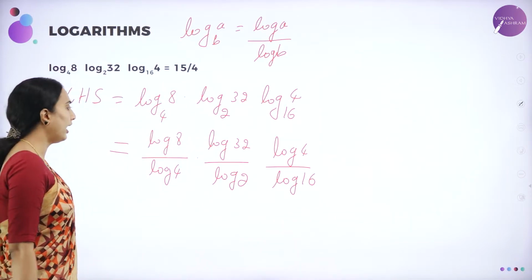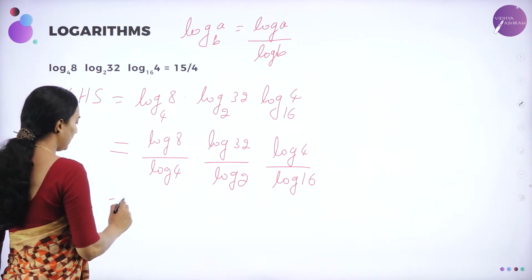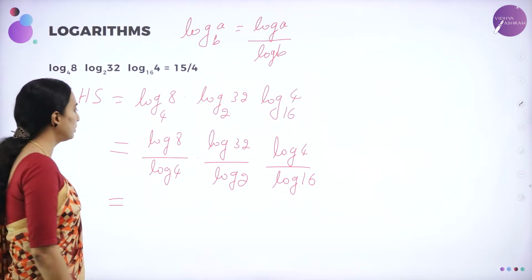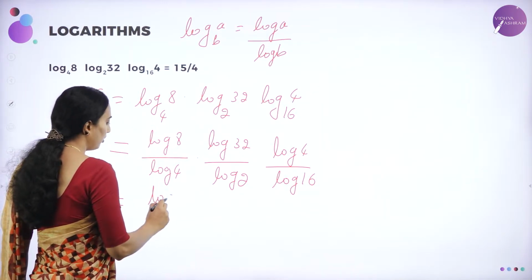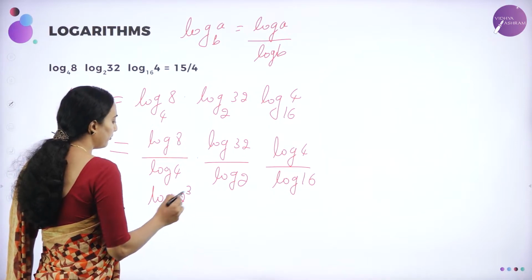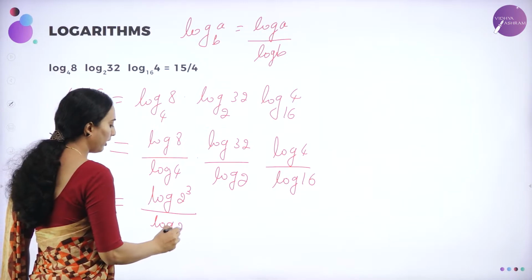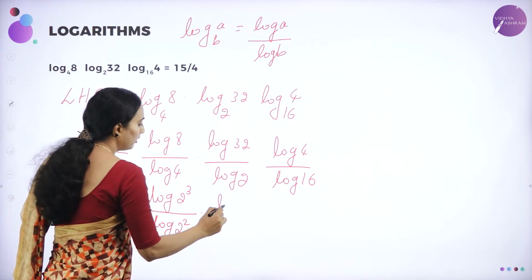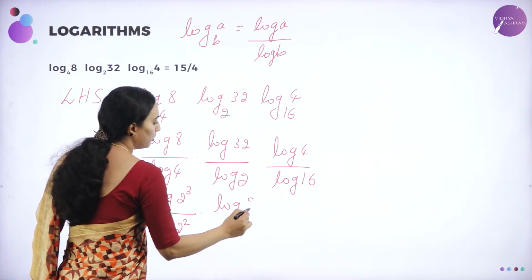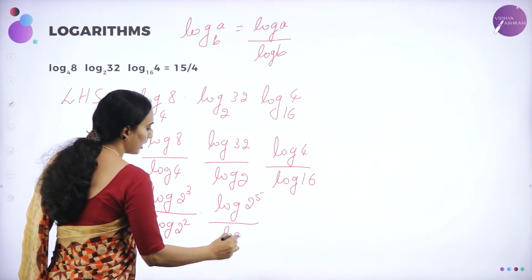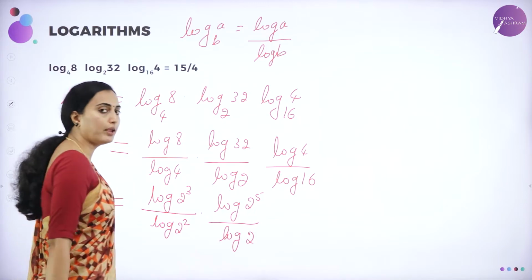So here, log 8 can be written as log 2 to the power of 3. So therefore, log 2 to the power of 3 divided by log 4 can be written as log 2 squared, into log 32 can be written as what? 2 to the power of 5 divided by log 2 as it is. I am going to write it. Okay?